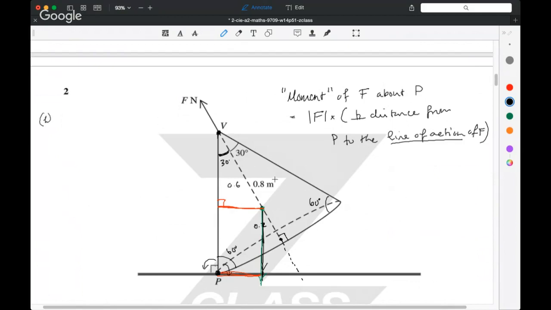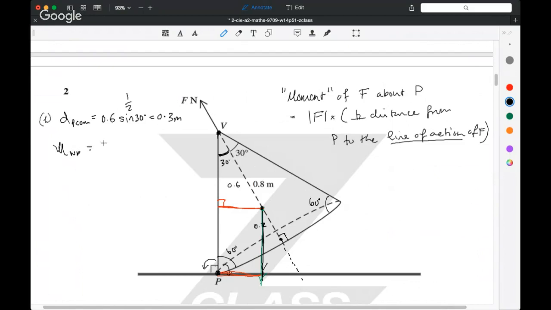So what is this distance? Well, the hypotenuse of the triangle is 0.6. So the distance from P to the center of mass is 0.6 sin 30 degrees, which is 0.3 meters, because the sine of 30 degrees is 1/2. So what is the moment of the weight about P?